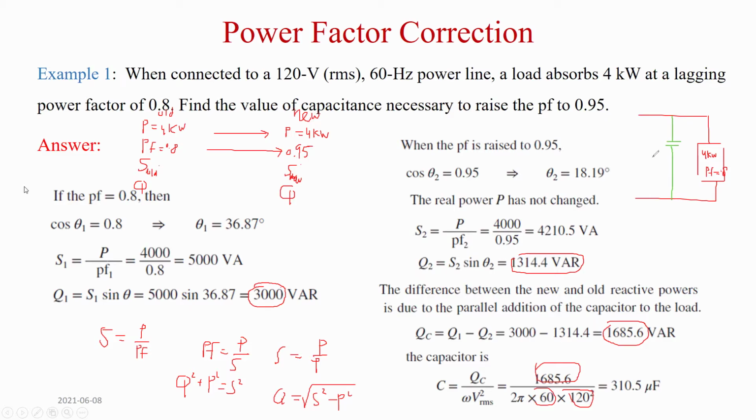This capacitor has to have this capacitance, 310 micro. These two together will have now a power factor of 0.95. So the load is still the same, but with the capacitor, they have less Q and higher power factor.